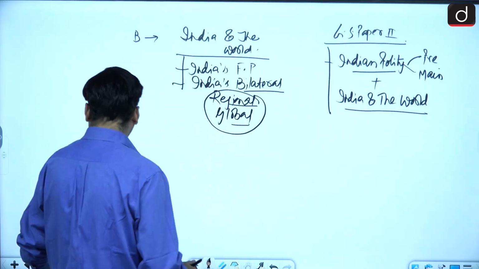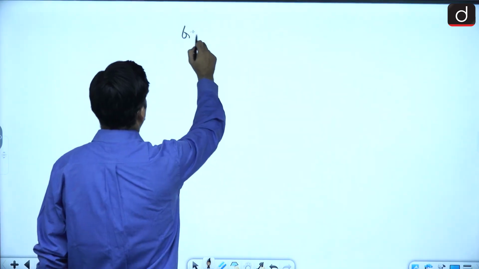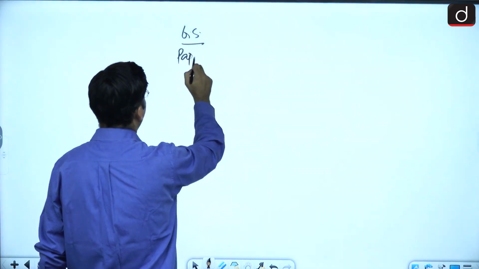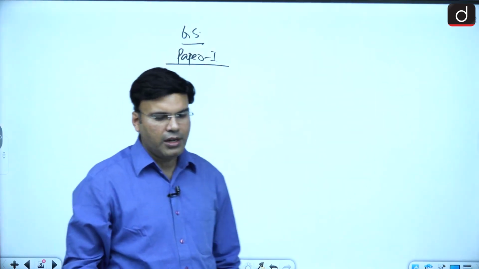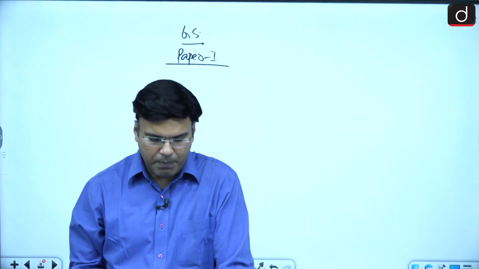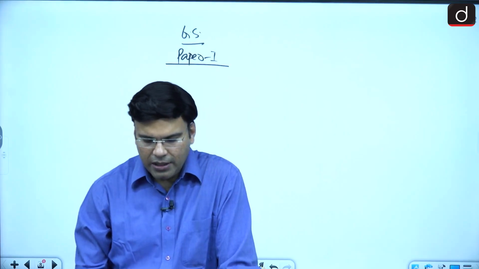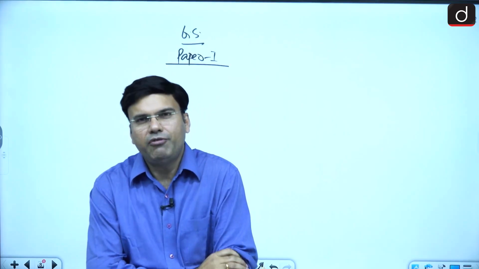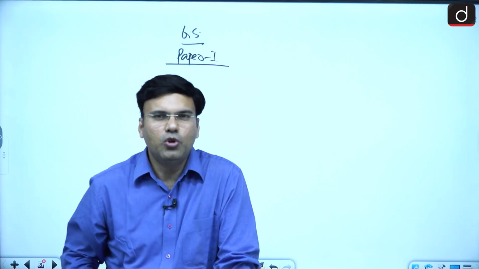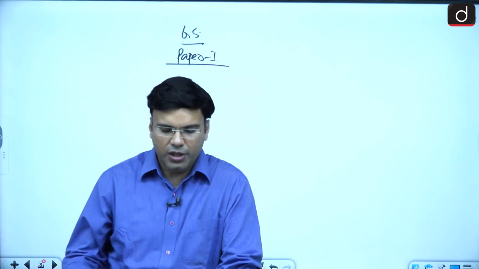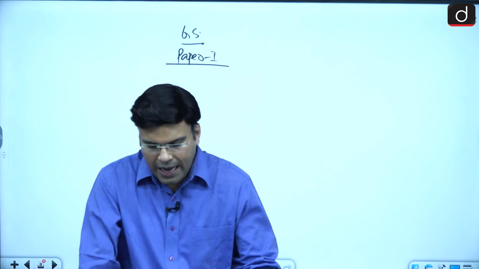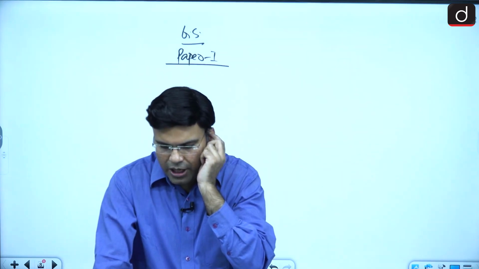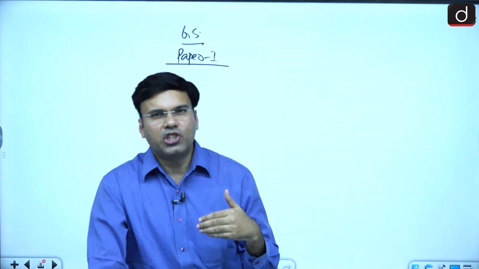If you go and read general studies paper 1, what is the linkage that we get? Paper 1 has certain themes. Specifically, if you look at some of the political philosophies which you need to know in paper 1, for example communism, capitalism, and socialism, then effects of globalization on Indian society.